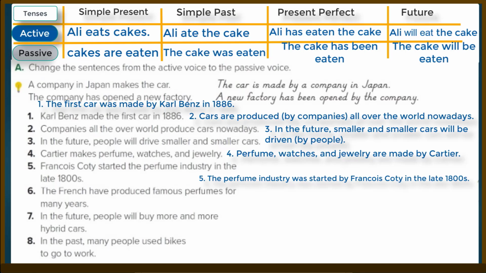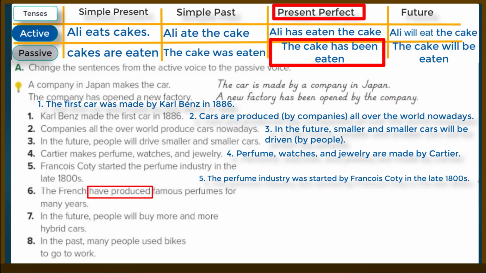Number 6, the French have produced famous perfumes for many years. So, have produced. It's in the present perfect. When we change it to passive, we say, number 6, famous perfumes have been produced by the French for many years.